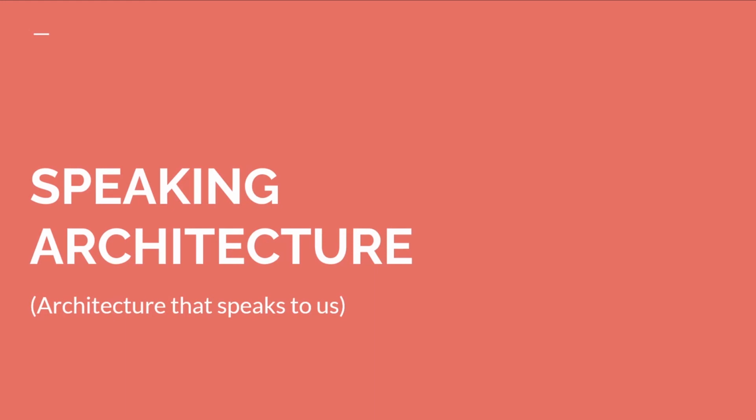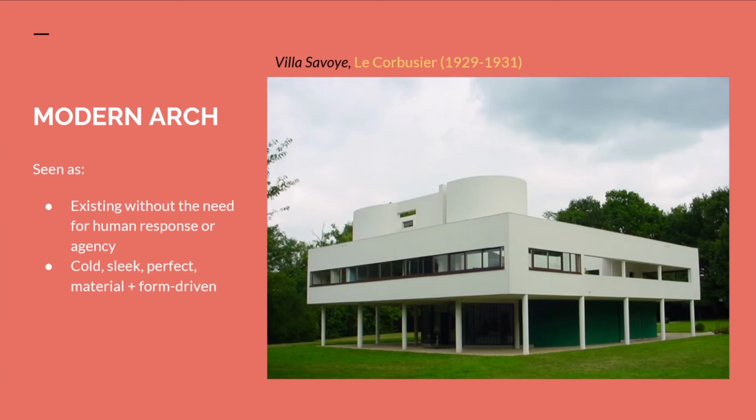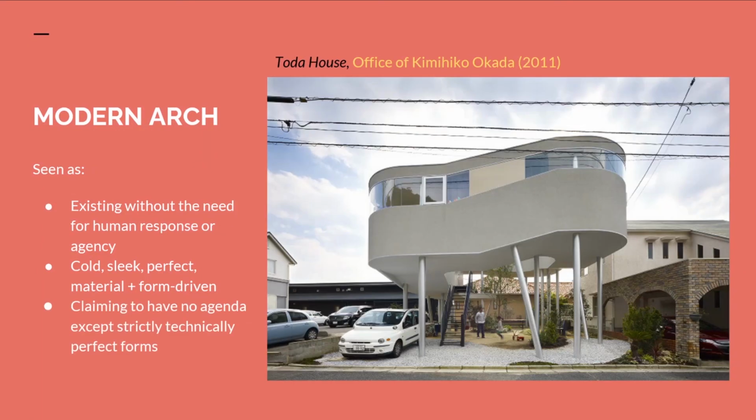I thought it would be interesting to lead into this with modern architecture because this isn't the genre that people really think about when they think of pieces of art or architecture or literature that speak to people, resonate in people, are interested in a human response, or depend on human reaction or interaction or agency. And modern architecture has earned a reputation of being cold, perfect, material-focused, form-driven, and it often appears to have no agenda except technically perfect forms.